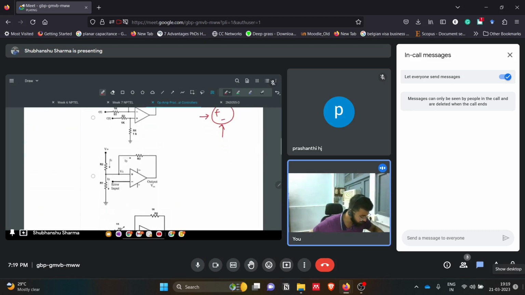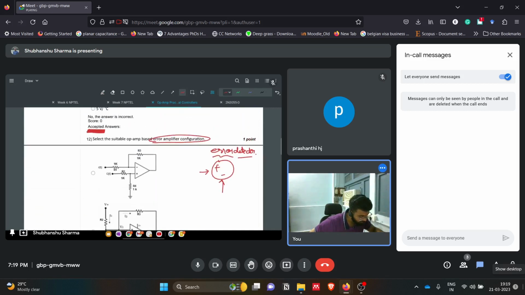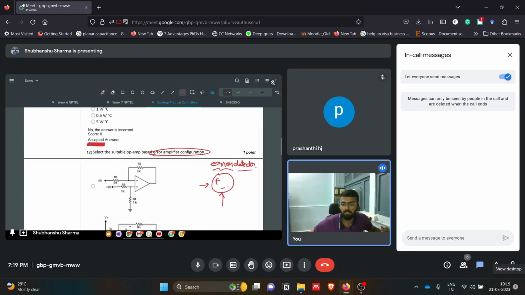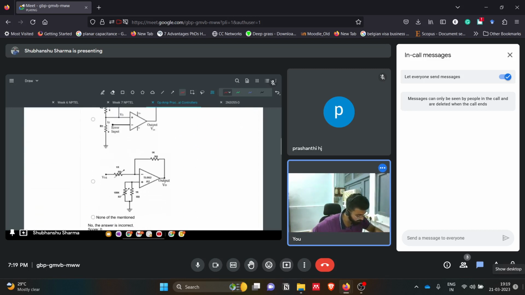You can use a signal conditioning circuit, or change the resistors of that circuit to amplify the error signal. Based on the lecture, you can answer this also. This is also very easy.